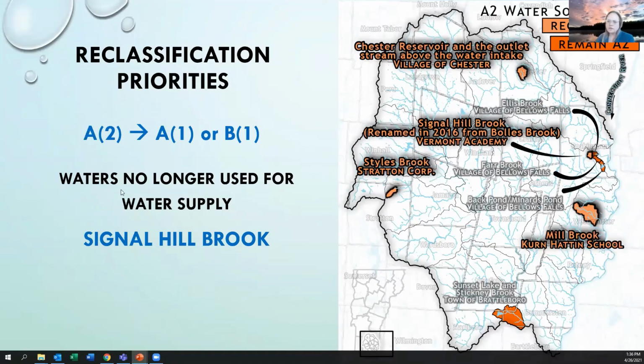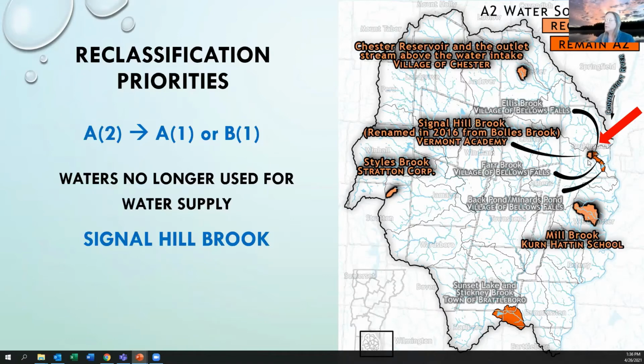So for reclassification purposes, I will quickly talk about those A2 water supply waters. There are a number that I'm proposing in this basin plan that towns no longer use or facilities no longer use for drinking water. To protect them properly, we want to move them out of A2, that drinking water category, and into either A1 or B1. The one in the Saxtons River Watershed is basically the old drinking water supply for Vermont Academy, which is on Signal Hill Brook or Bowles Brook, depending on which name you use.